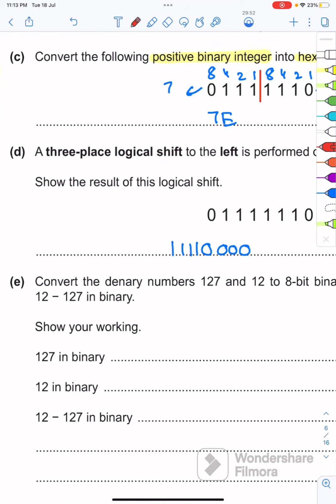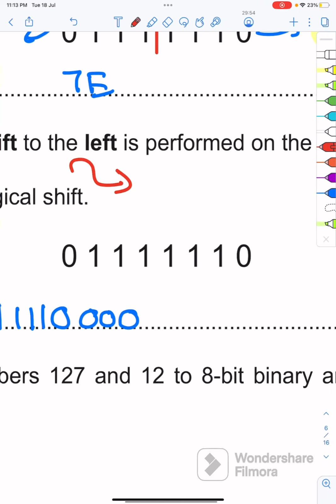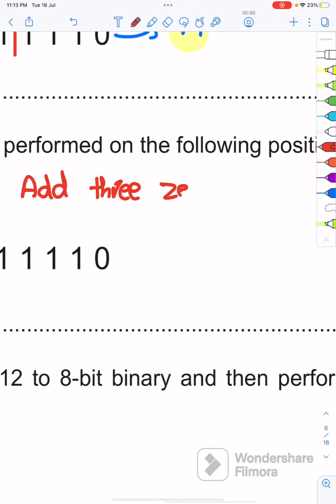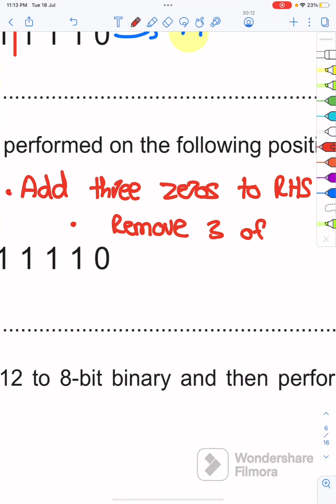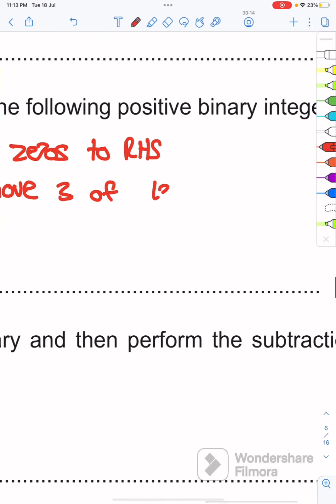So I'm just going to add here, add 3 zeros to right hand side. This is the first thing you're going to do. The second thing is remove 3 of leftmost bits, or also known as most significant bits.